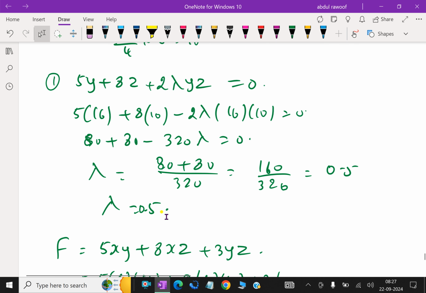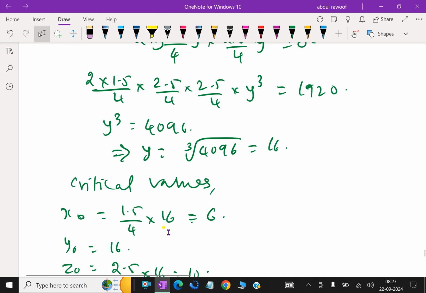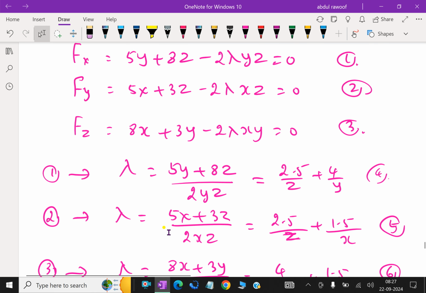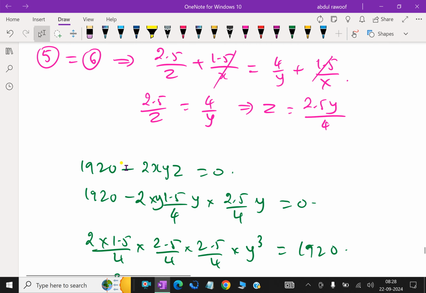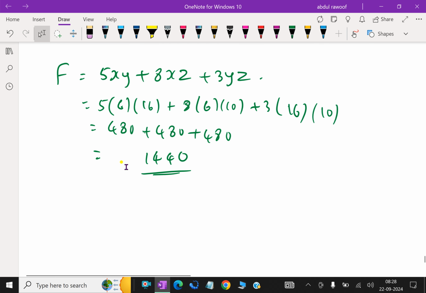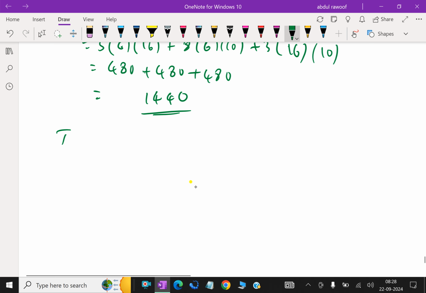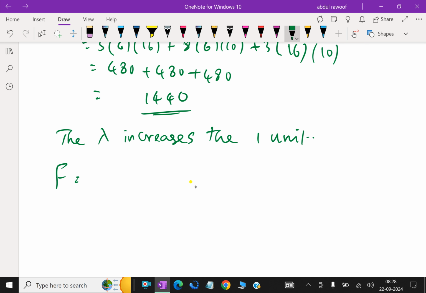Also look at here, if lambda increases by 1 unit, we can estimate the effect on the value of the objective function for a 1 unit change in the constant of the constraints. If lambda increases by 1 unit, then the function increases.